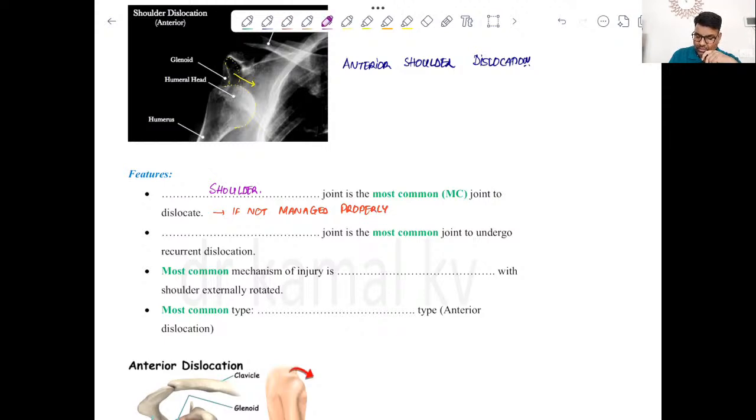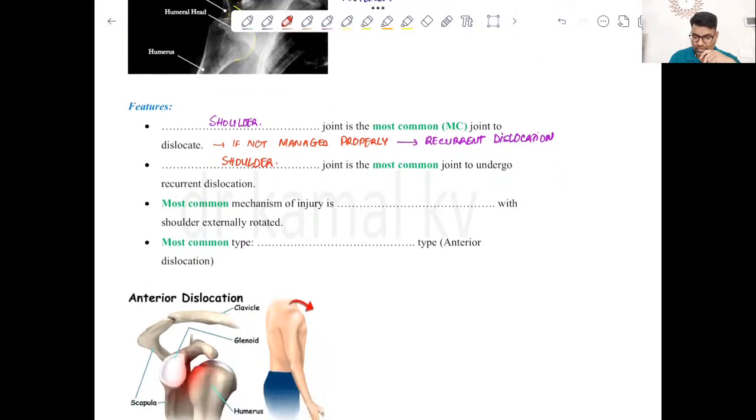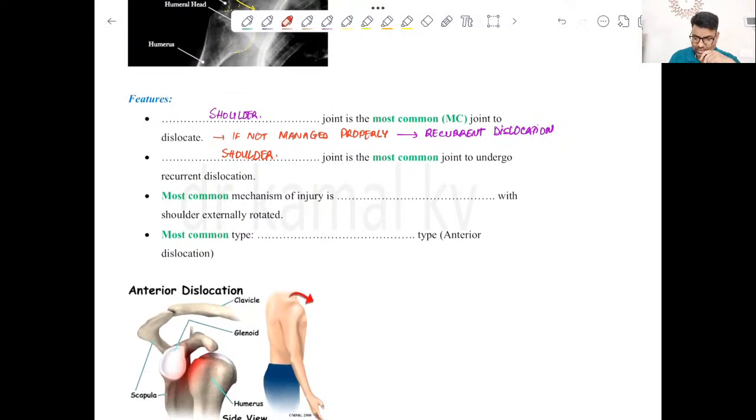So this is actually recurrent dislocation, and that's why we say that shoulder joint is not only the joint which dislocates commonly, it is the one which has this tendency to dislocate again and again. So recurrent dislocation is a common occurrence in the shoulder joint.